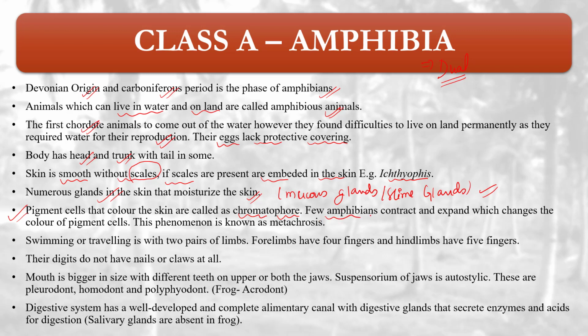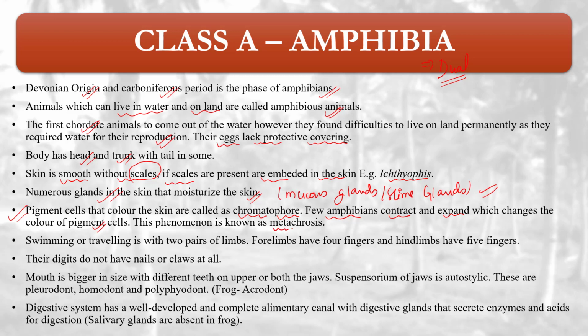Few amphibians contract and expand, which changes the color of the pigment cells. Okay, as a phenomenon to fool others, for defense, for offense, they basically contract and expand, and which changes the color of the pigment cells. This phenomenon is known as what?